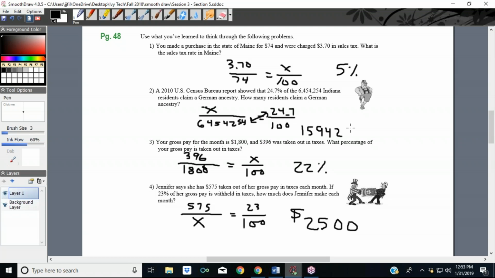So 6,254,254 times 24.7 divided by 100 is 1,594,201. So since we have that 0.7 as, let's see.